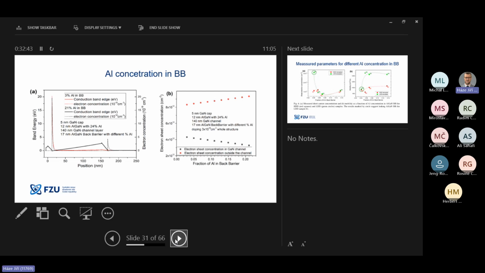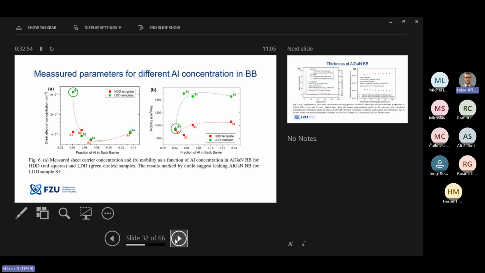I'll show you. As I told you, we had to take care about this second two-dimensional electron gas under the back barrier. And you can see that if we have too small a concentration of aluminium, the separation of the back barrier from the bottom part of the structure is not sufficient.